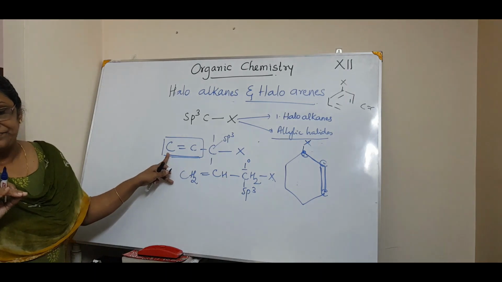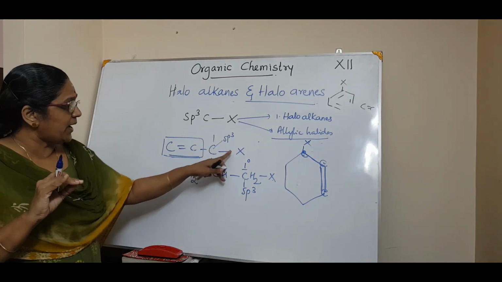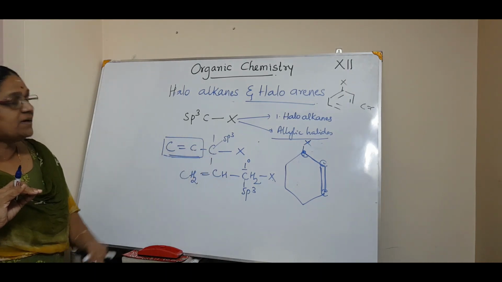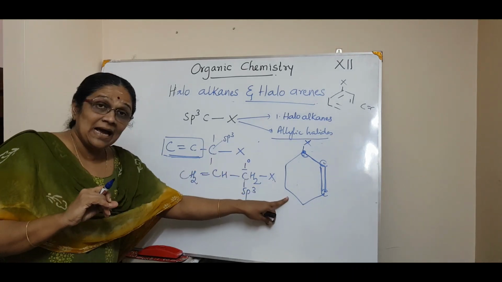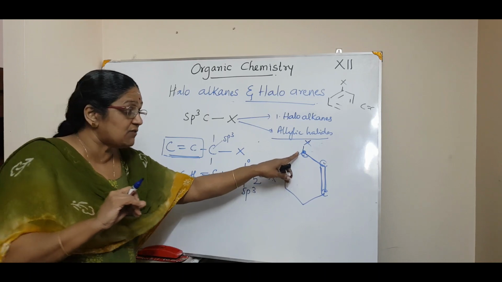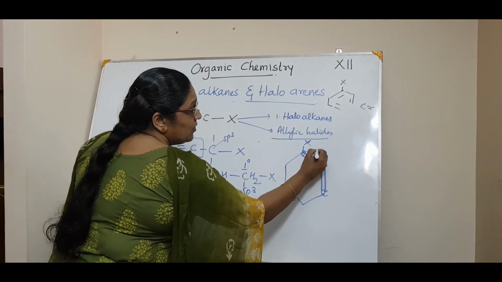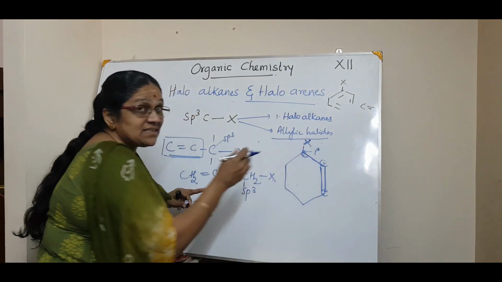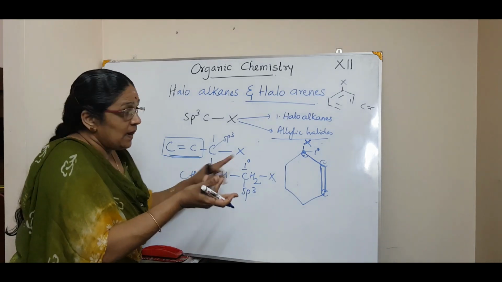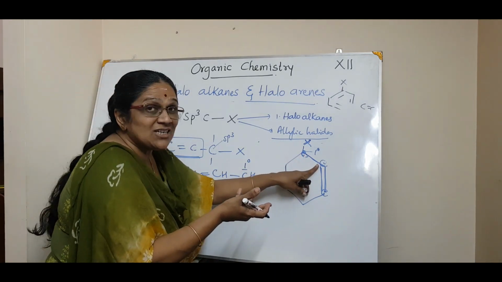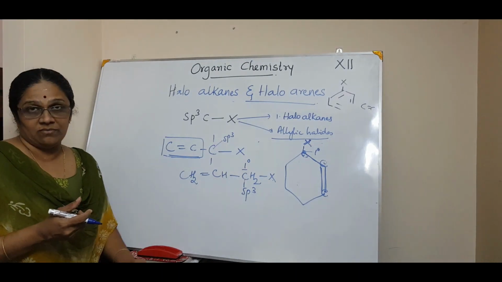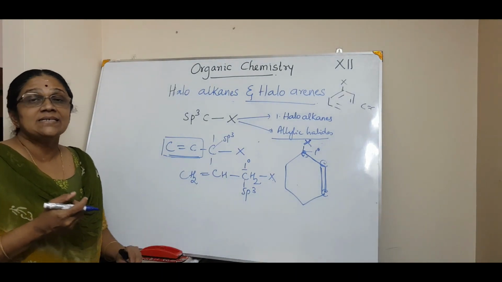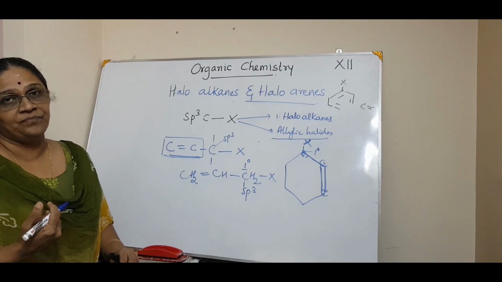That is, CH2X is attached to a carbon-carbon double bond. Clear? In aryl halides also you can have the same kind of situation. Here we are talking about the C-X bond, that is our halogen derivative. Correct? Now that carbon atom is attached to a carbon-carbon double bond. So these types of structures you call allylic halides.